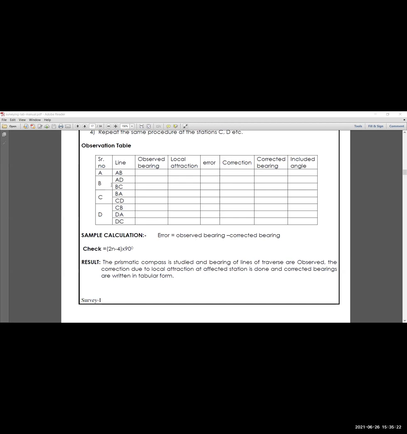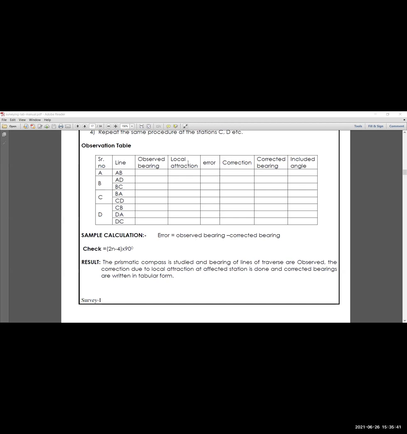First is the serial number, then the line, the start point and end point of the line: A, B, C, D, lines AB, AD, BC, BA, CD. These are the lines. The first column is for observed bearing, that is in WCB.